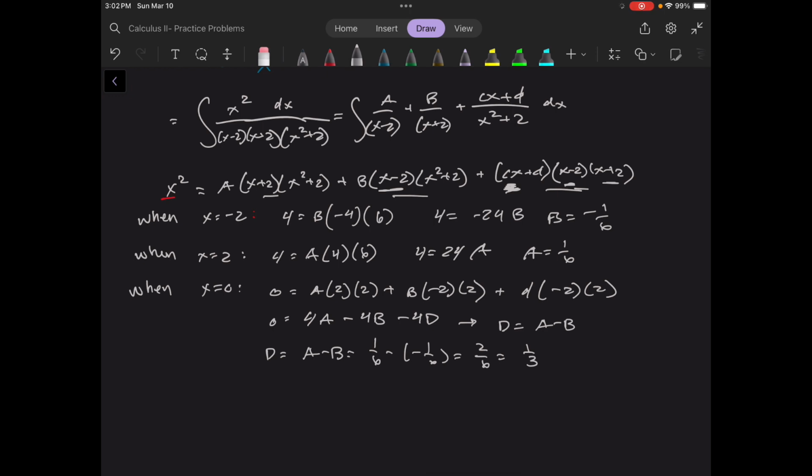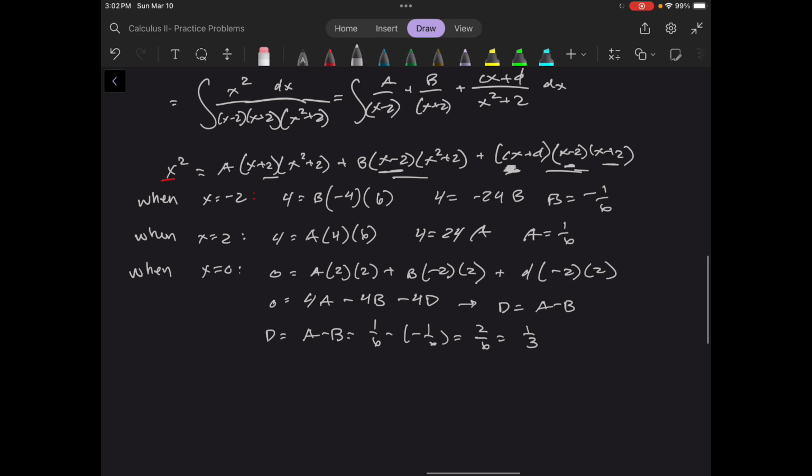The way we're going to solve for c, though, is comparing coefficients. This part can get a little bit tricky, but if you were to completely distribute everything and then gather all the terms together, right, maybe it would look like this: x squared equals (4a plus 2d plus b) times x squared, right?